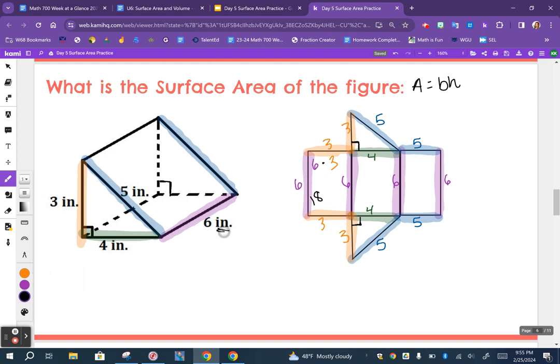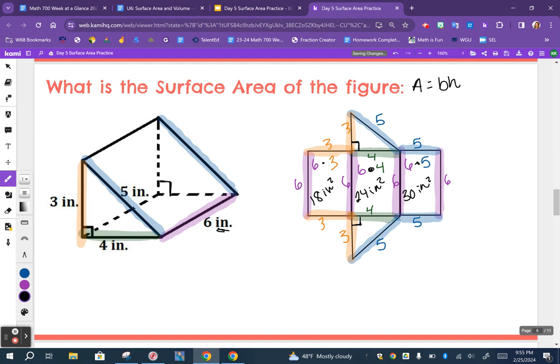And now our units this time are inches squared. And if we go to the rectangle to the right, we have a height of 6 times a base of 4, which will give us an area of 24 inches squared. And then our last rectangle, we have a height of 6 times a base of 5 to give us an area of 30 inches squared.